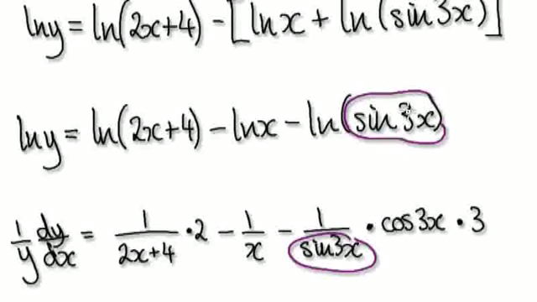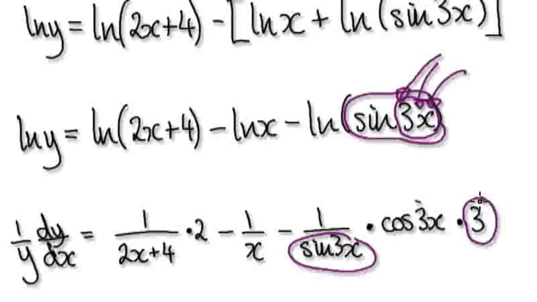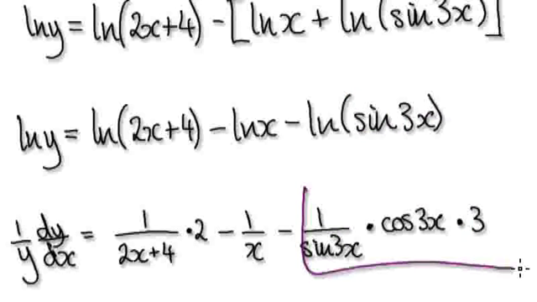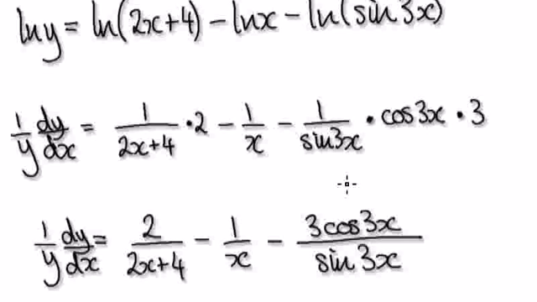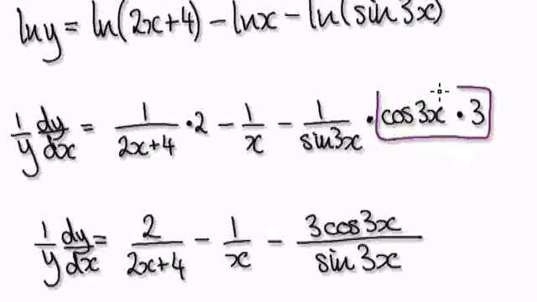But then you've got to times the derivative of the bubble itself. So you've got to times with cos 3x, okay, and then this is stuck inside another bubble here. So then you've got to times the derivative of the inner bubble itself. So that will give you a 3 there. Okay, so this bit here is you using the chain rule here, and then it's a matter of simplifying it.